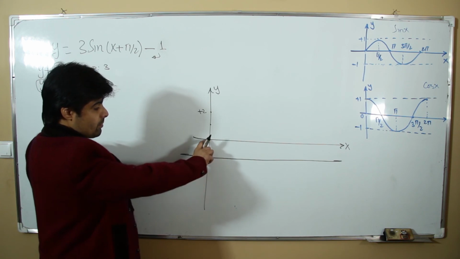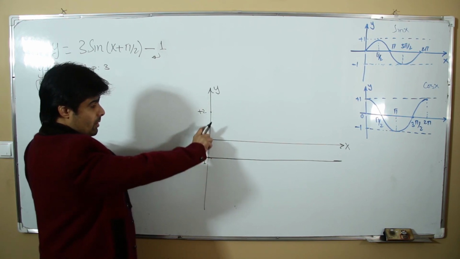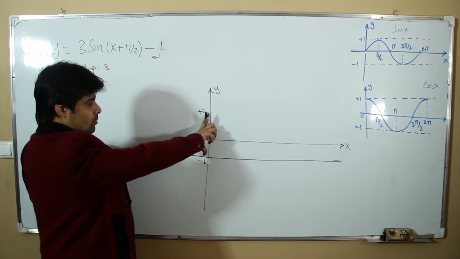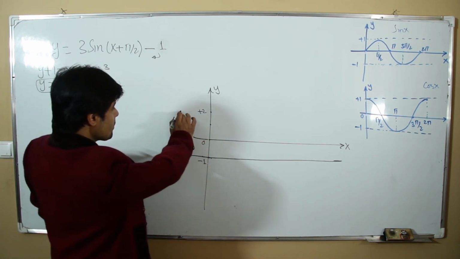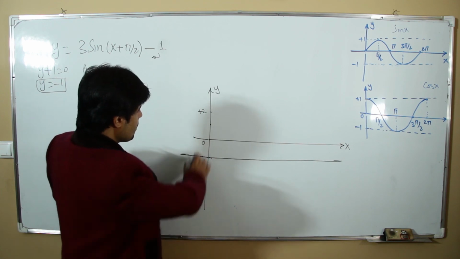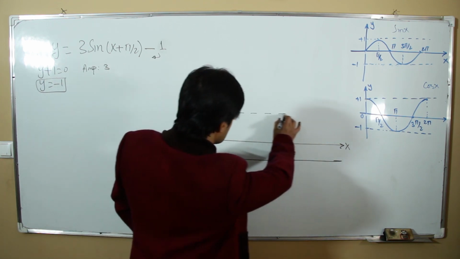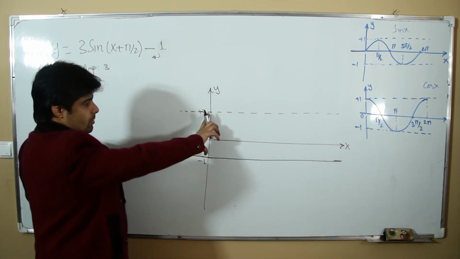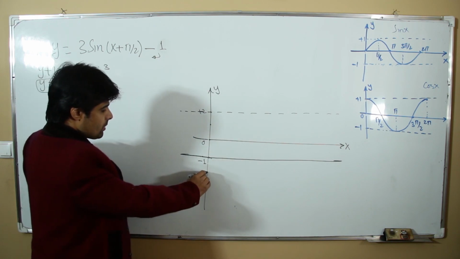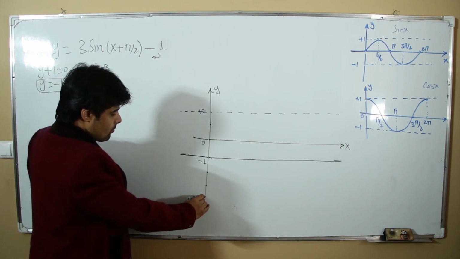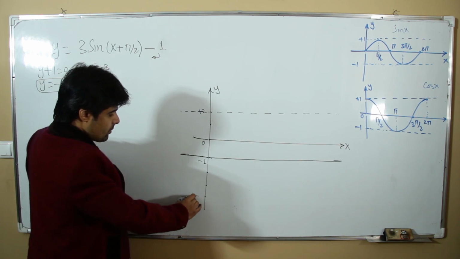For 0 it is positive 1 for minus 1. Positive 1, which is positive 2 for this one, and positive 2, which is positive 3. It means the graph should be drawn between this one, 3 units below, which is minus 2, minus 3, minus 4.